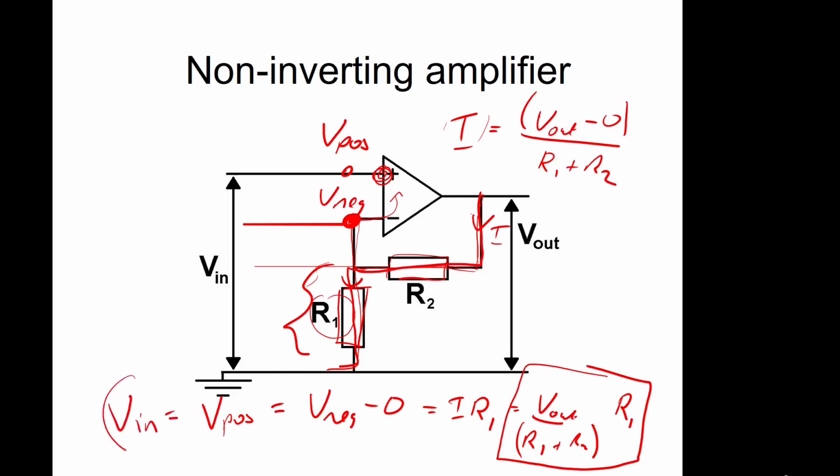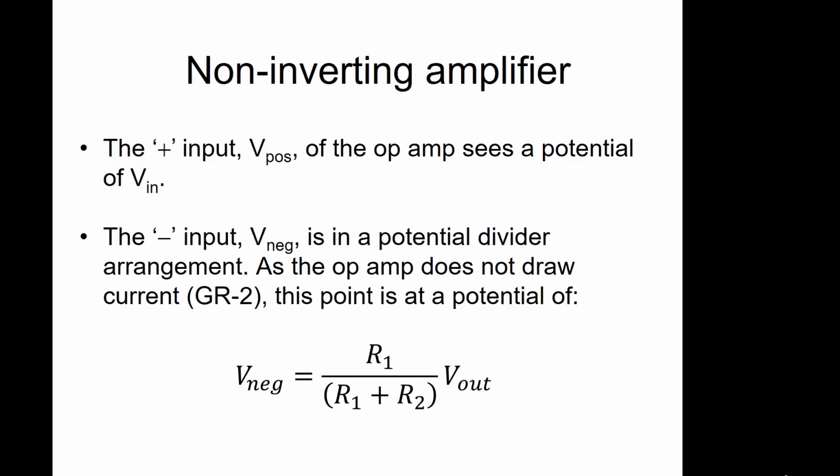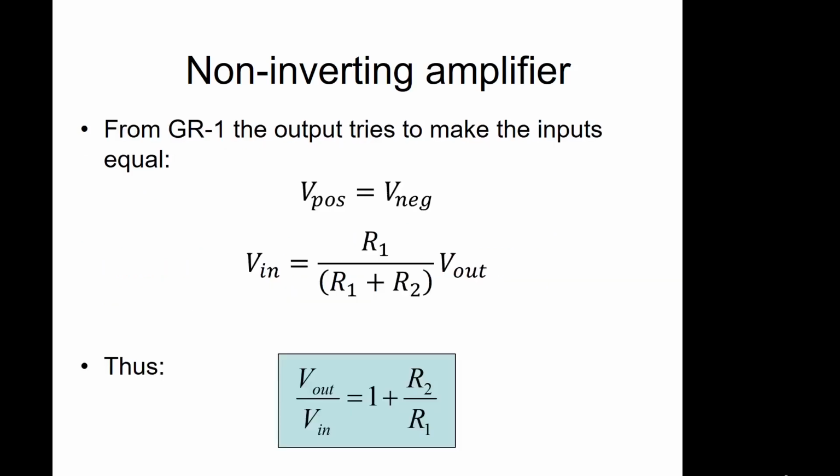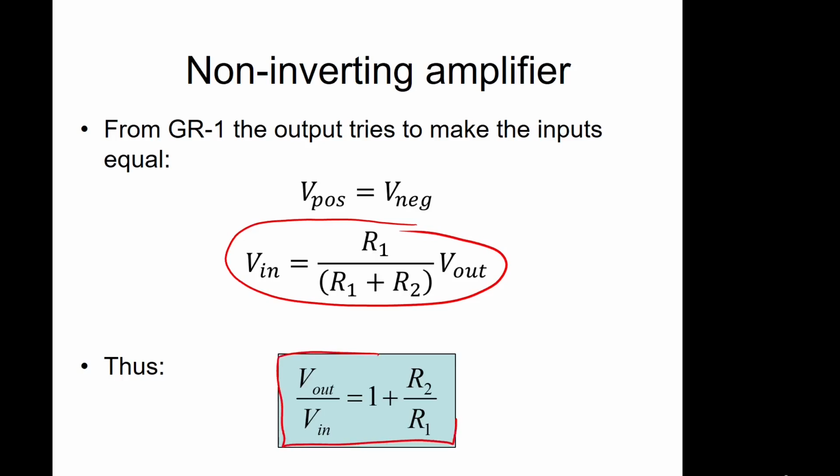So V in equals V out times this combination of resistors. If we rearrange that, we can say V out over V in equals R1 plus R2 over R1.